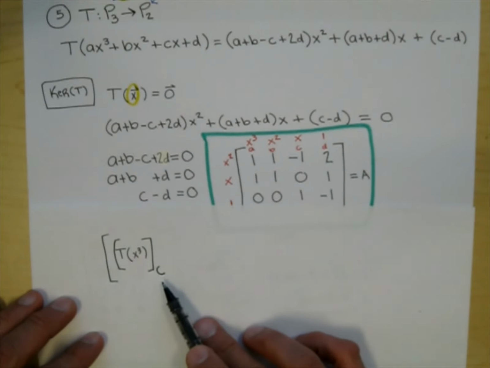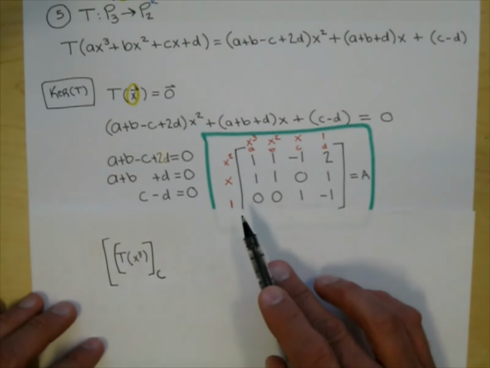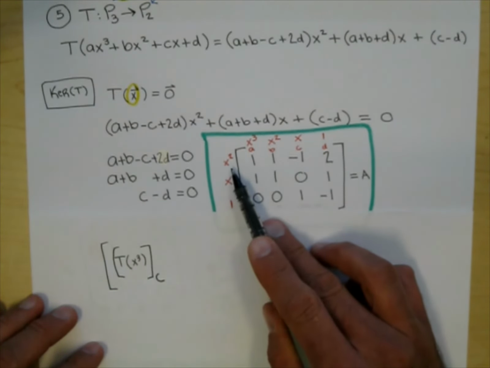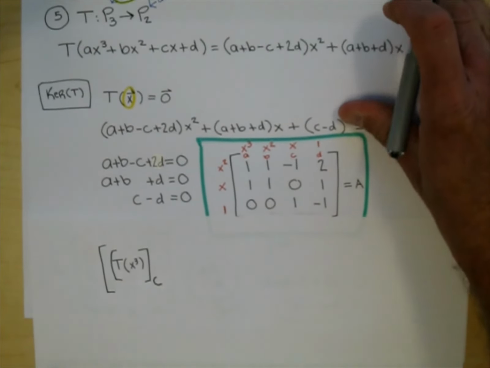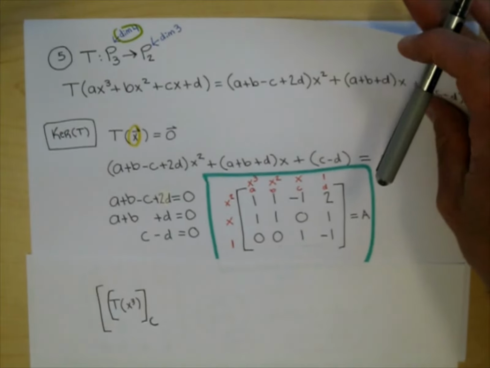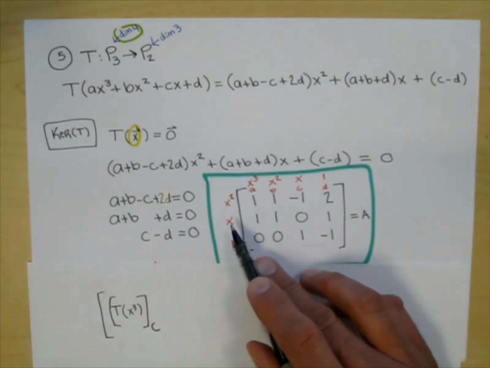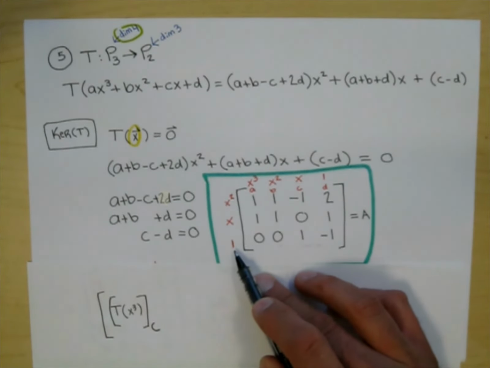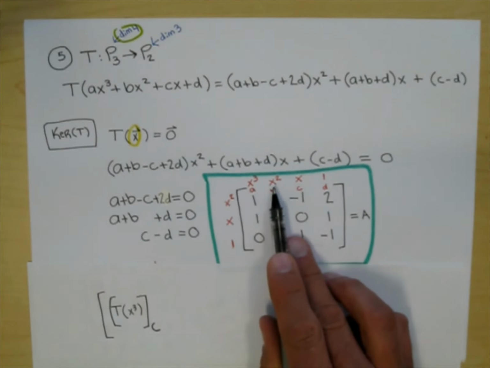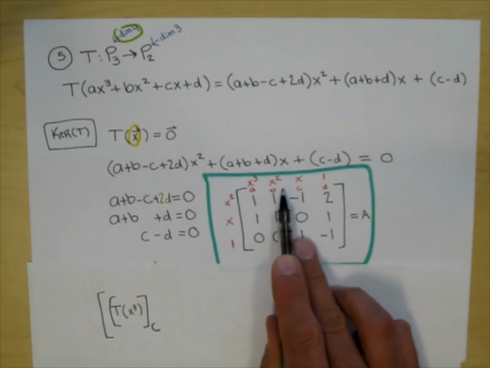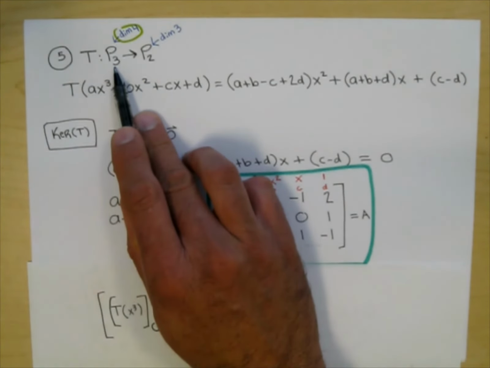And that's, remember, component vectors. With respect to this ordered basis, x squared, x, 1, which is a basis, an ordered basis for P2. So notice this is an ordered basis for P2. Up here, x cubed, x squared, x, 1 is an ordered basis for P3.